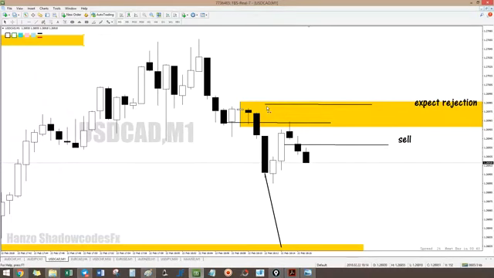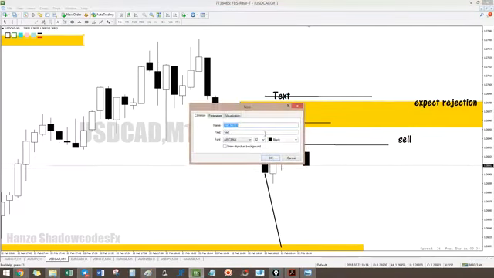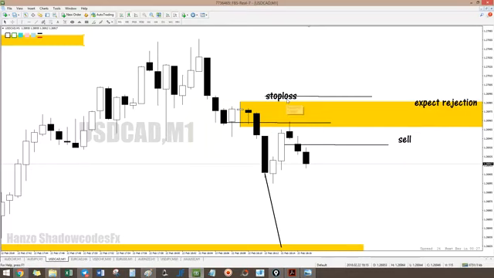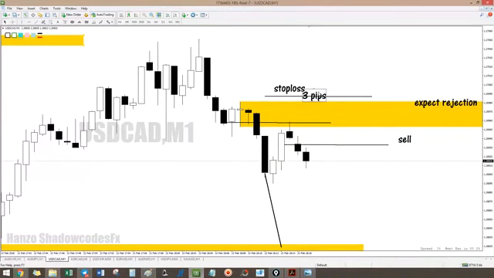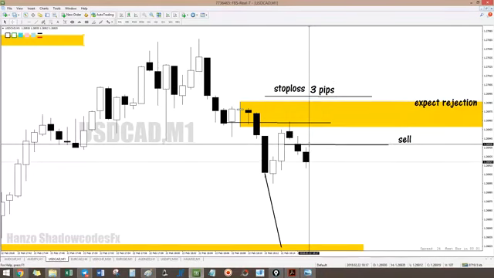So over here is your stop loss. Stop loss, how many pips? About 3 pips. Your take profit area will be about 10 pips.